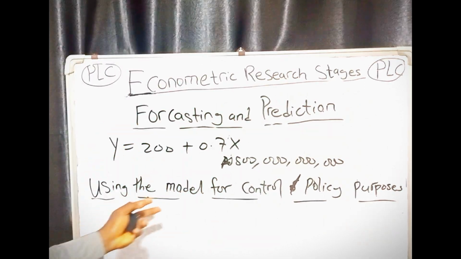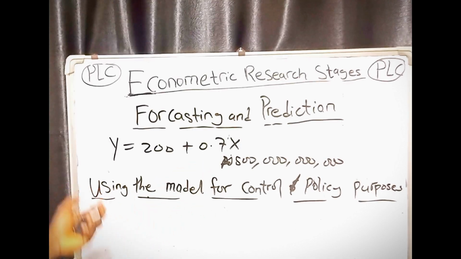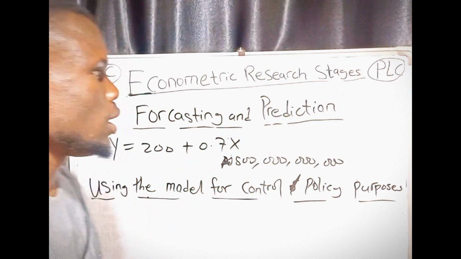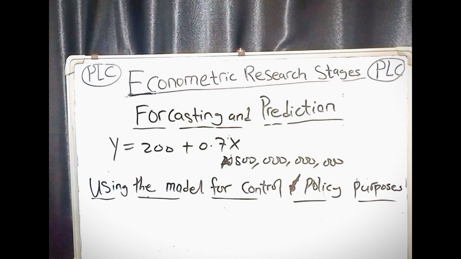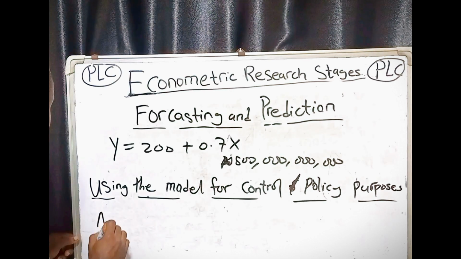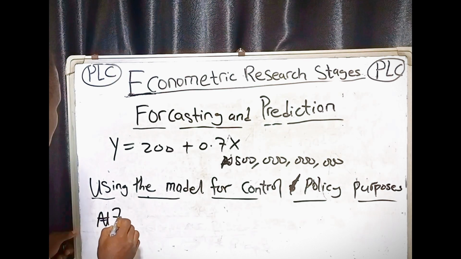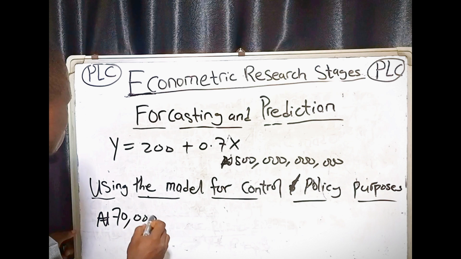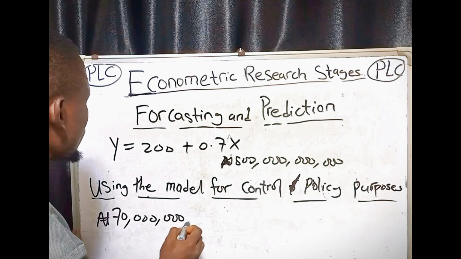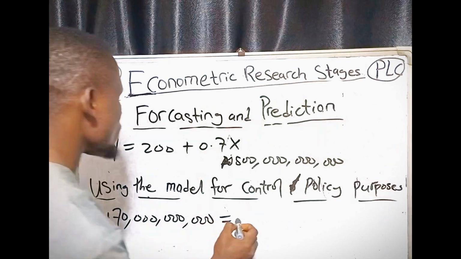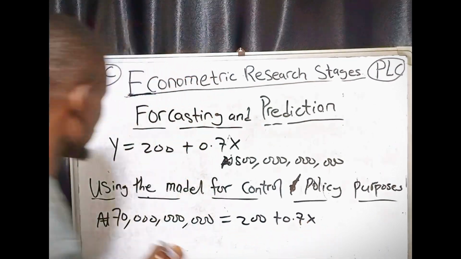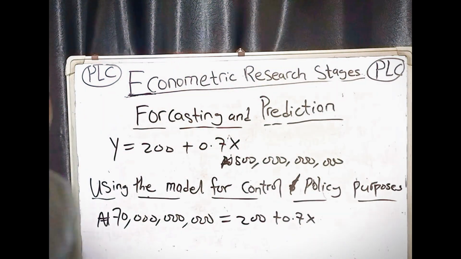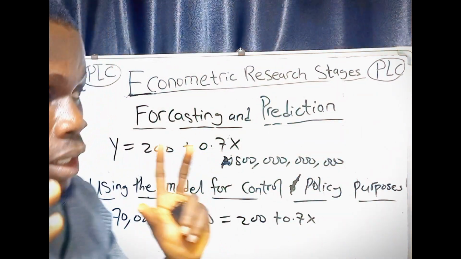Also, you can use this model for control and policy purposes. And what does that imply? Let's say the country wants to have a certain level of consumption. They assume that a consumption of 70 billion is enough to maintain full employment in the economy.